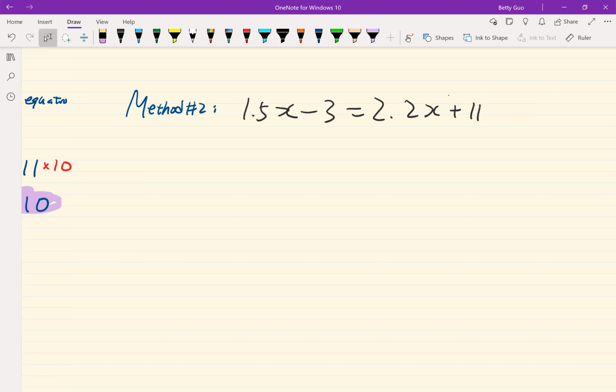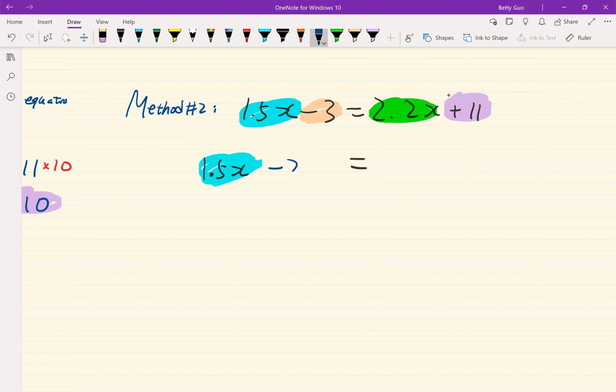Okay, so let me do the same thing. I'm going to color them blue, green, orange, purple. 4 terms. Blue term remains on the left. Green term moves to the left. So green is going to change the sign, negative 2.2x, right?